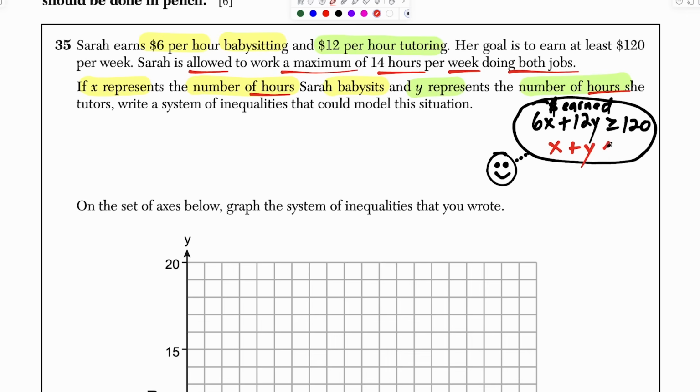So she has to work less than or equal to 14 hours per week. She can't go over that amount, but she can work 14 hours. So this is the system we're going to write down. We're going to say 6x plus 12y is greater than or equal to 120. And then we have x plus y is less than or equal to 14.